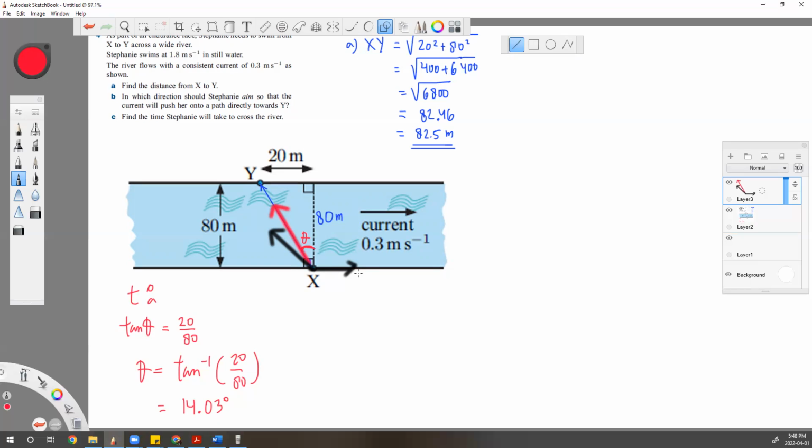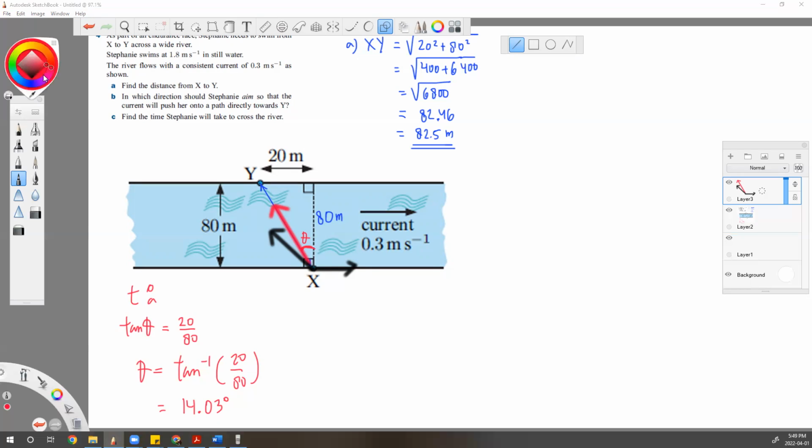Get the idea, Vicky? Yes. So you need to aim a bit to the left in order to maintain the straight line from X to Y. Make sense for you? Yep. Okay, it's very hard to understand, but you know how to do it.